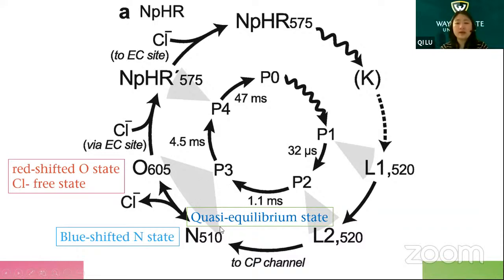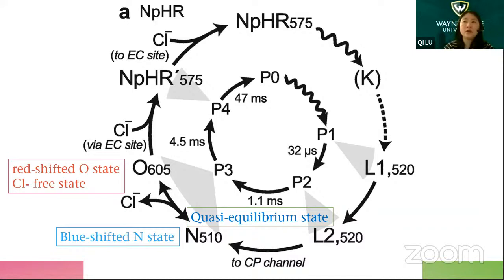And we need to mention that after activation, it switches from the resting state to K, to L, L1, L2, then it goes into a quasi-equilibrium state. And at this state, the pumping actually happens almost at the same time.